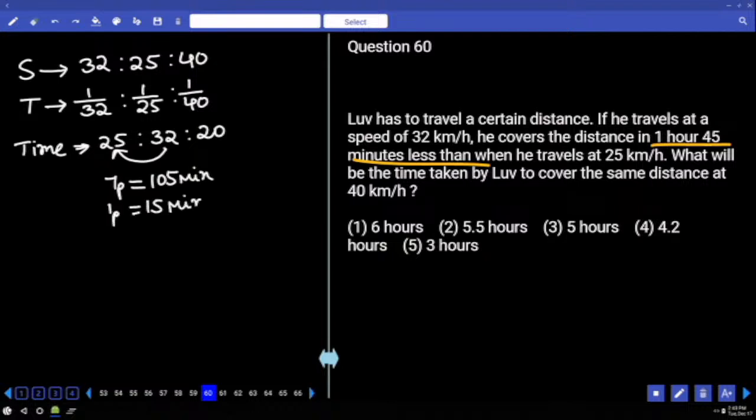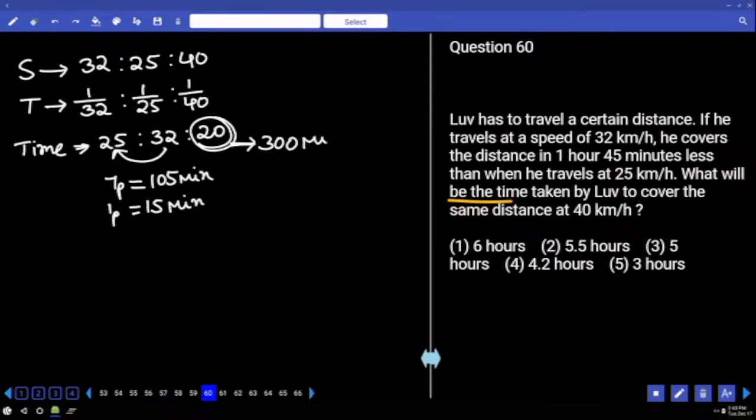They asked to find when it travels at 40 kilometers per hour, how much time it takes. 40 kmph means 20 parts. What is 1 part? 15 minutes. 20 parts is 300 minutes, which is how many hours?